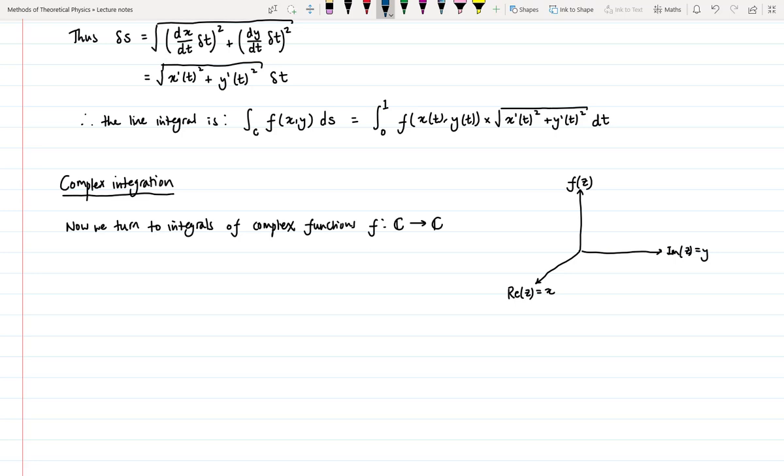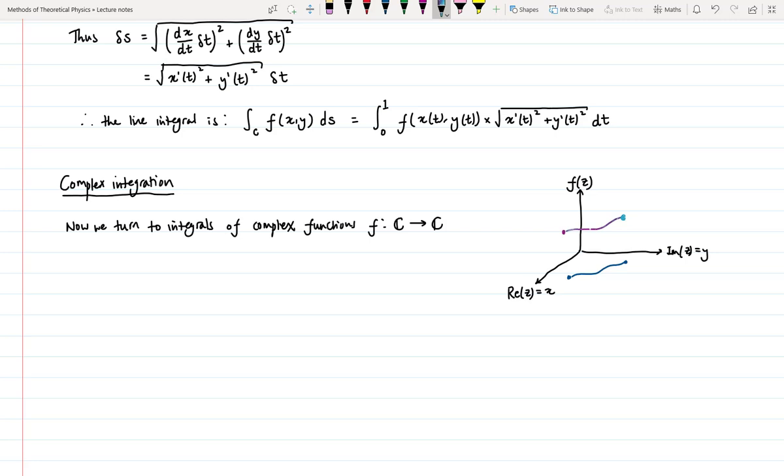And now when we're dealing with an integration contour in the complex plane, so the xy plane is now the complex plane, and now the complex function value corresponding to this path in the complex plane is going to be assigning a complex number to every point along that line.